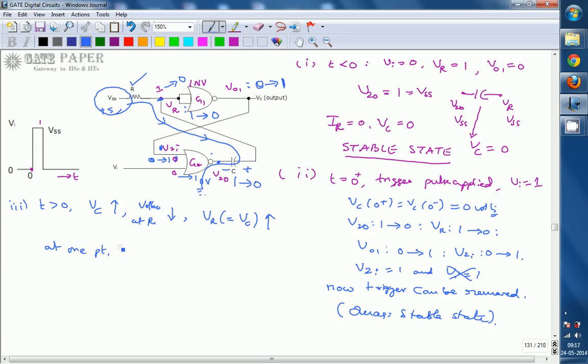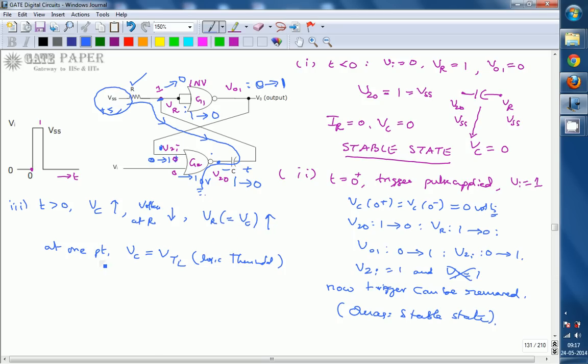At one instant, this capacitor voltage may be equal to VTL, that is, the logic threshold voltage. Till that point it is treated as 0. Now this will be treated as 1.